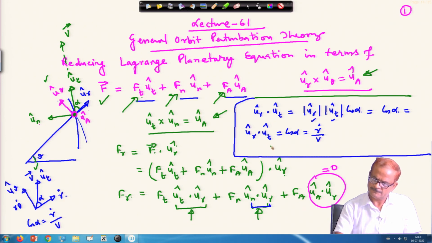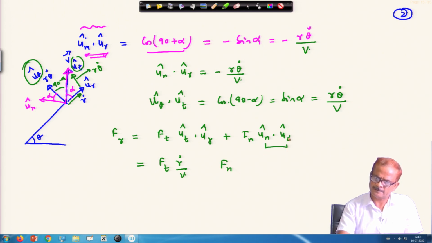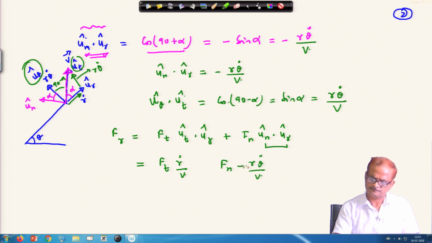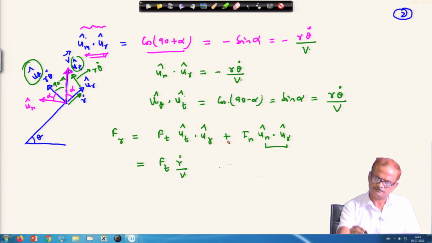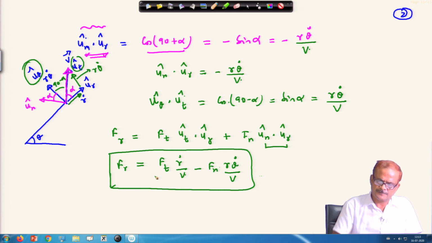In this place we use r dot divided by V, and then f n and u n dot u r is minus r theta dot divided by V, so minus f n times r theta dot divided by V. So, immediately we can see that our equation has been reduced into this format.